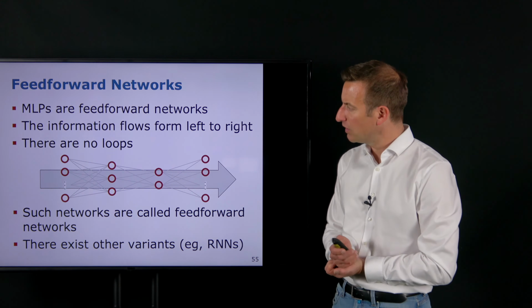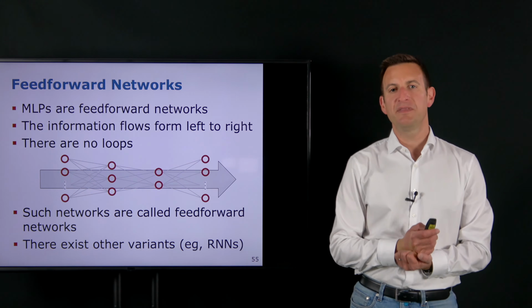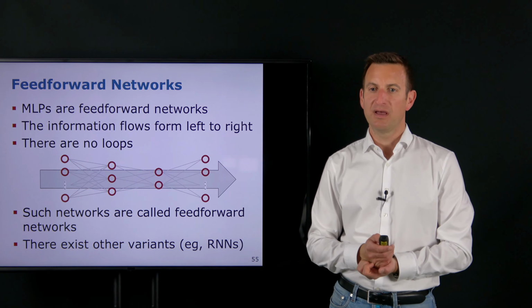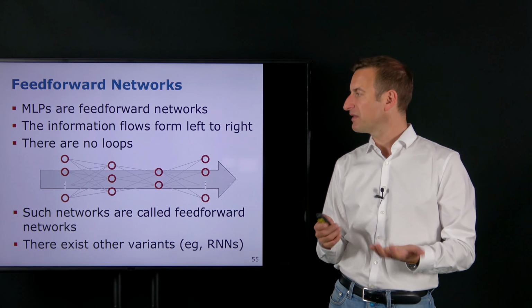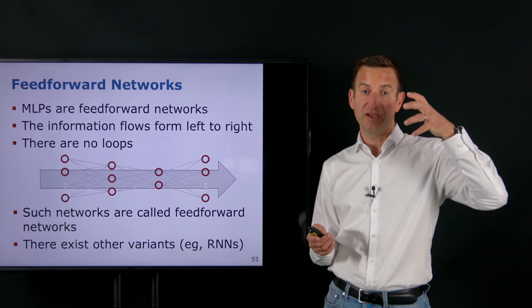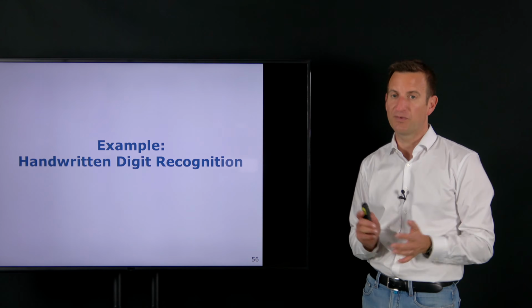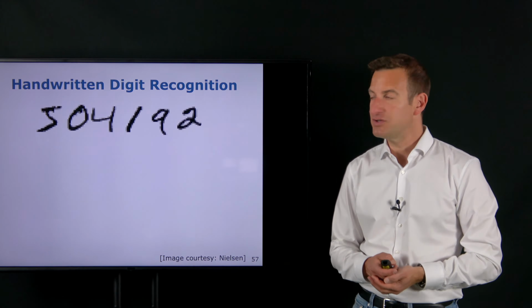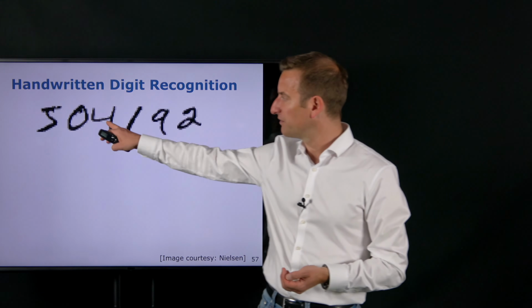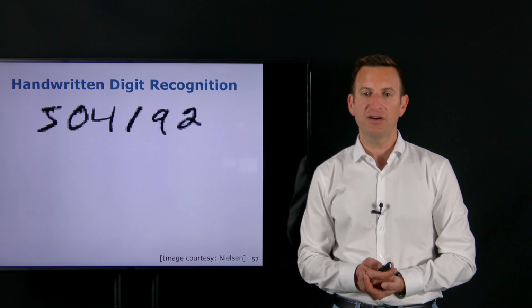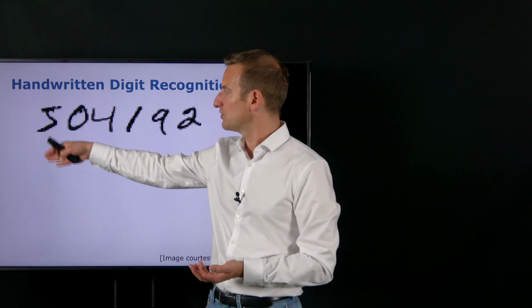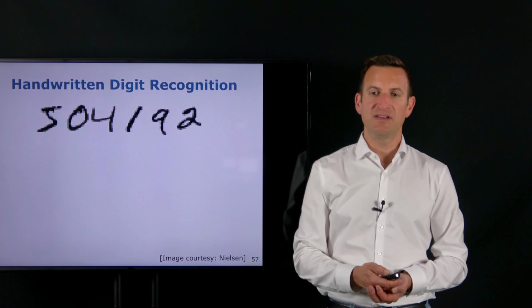And with this, I want to go to a concrete example, the example of handwritten digit recognition, and dive a little bit more into the details, to illustrate what those individual parameters actually do. So we have handwritten digits like these scanned characters over here, and we assume we have an approach which separates them into individual digits.